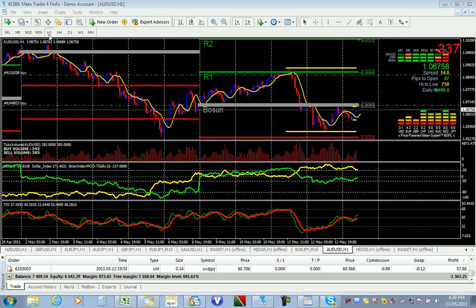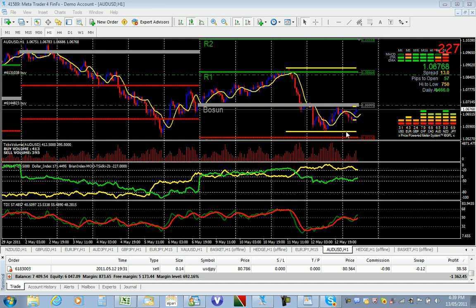And in this case we're in the 1 hour time frame, so this is a trading range in the 1 hour time frame. Look at Bosun's line, which is last Friday's closing price, roughly.